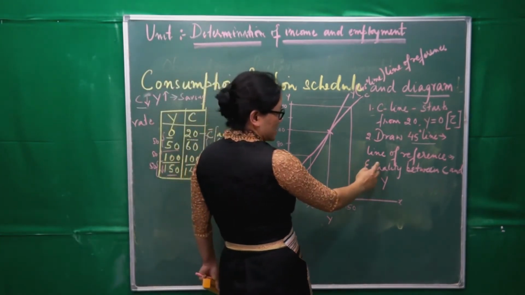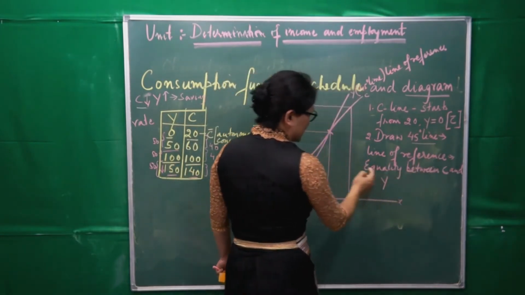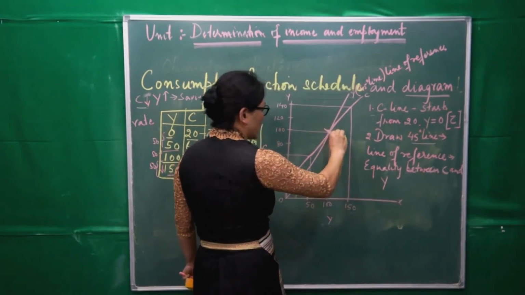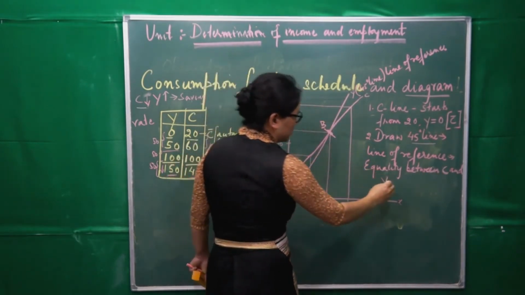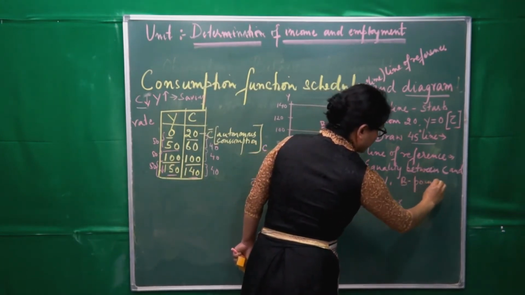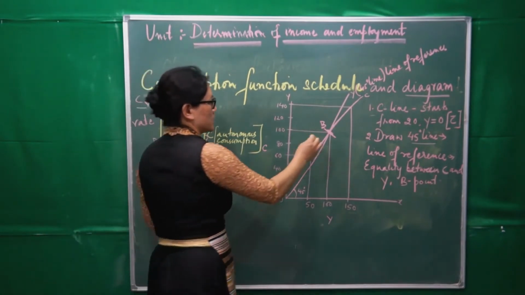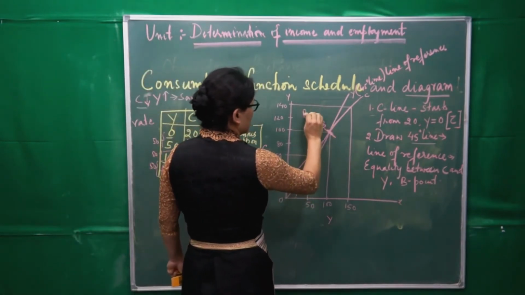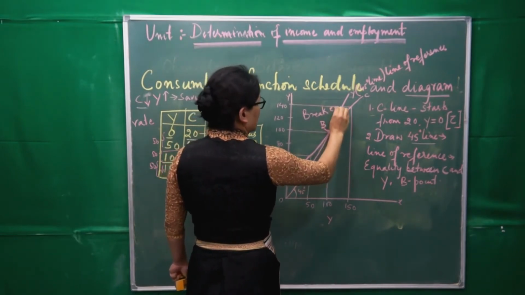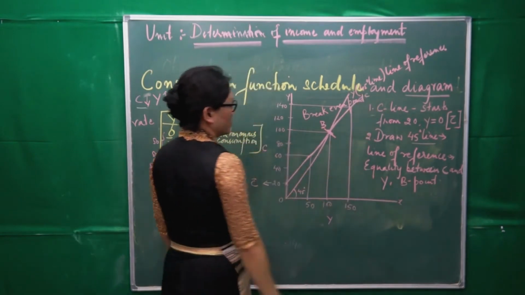So I said the line of reference, that is the 45-degree line, shows equality between C and Y, which is happening where? At this point. So we will write here B point. This B point is called the break-even point.